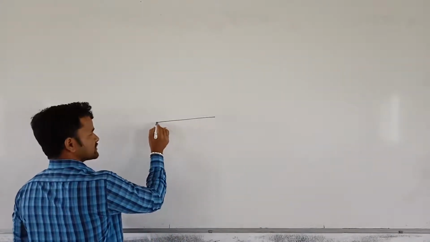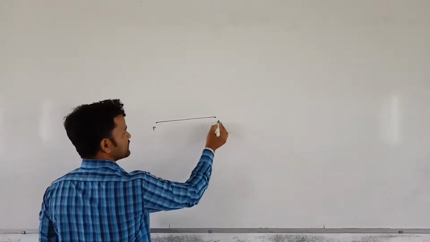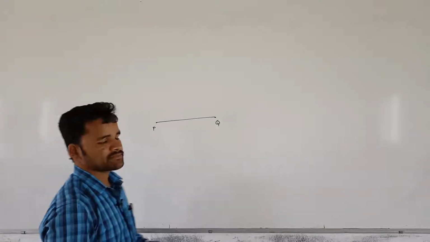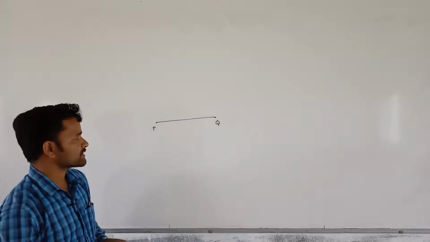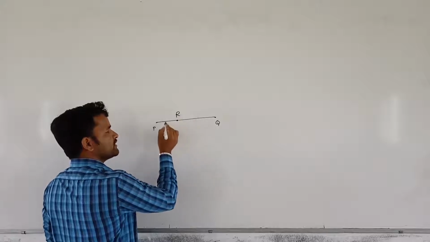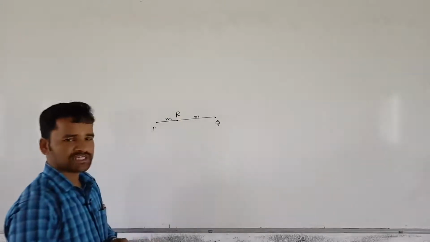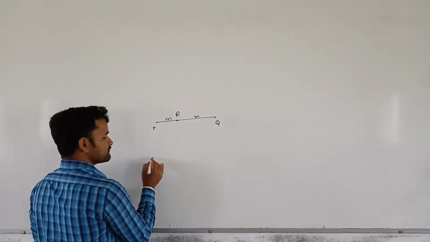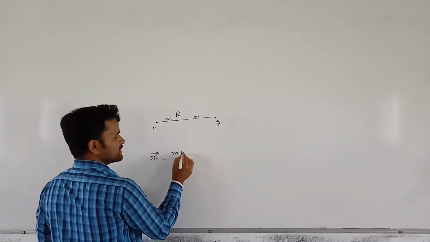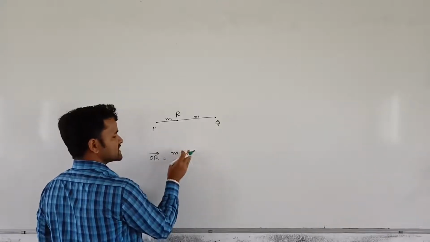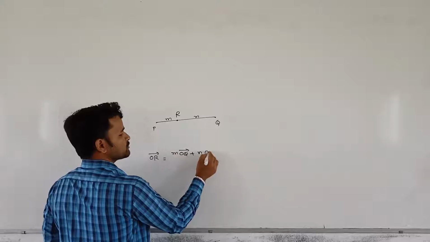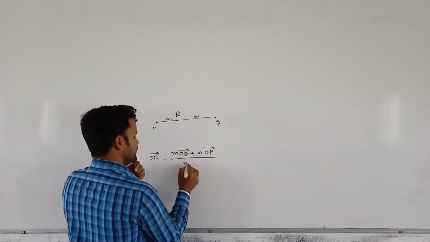We know that suppose there is a line segment joining the points P and Q. OP is the position vector of the first point P, OQ is the position vector of the second point Q. Then the position vector of point R, which divides PQ in the ratio m:n, is given as OR, which is equal to m into position vector of the second point plus n into position vector of the first point, divided by m plus n.